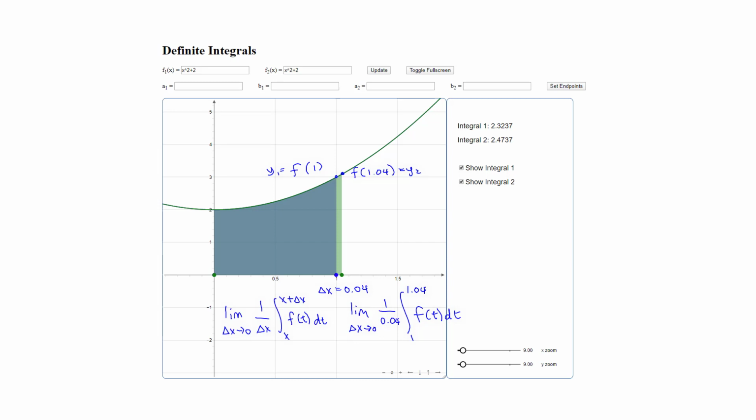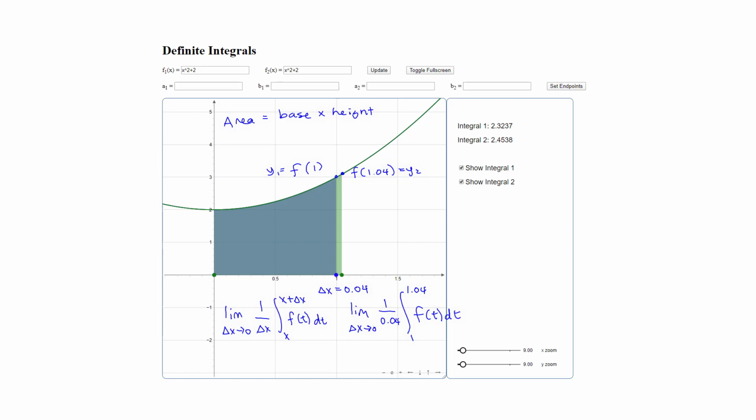And if I decrease that difference, I'm taking the area of this rectangle and dividing, I'll write it out here. So I'm taking the area of a rectangle, which originally is base times height.